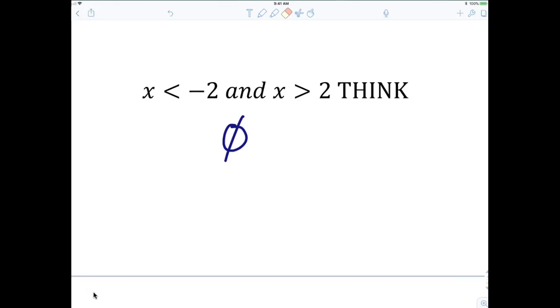Is that possible to be less than -2 and greater than 2? Right? That's why it is what? No solution. It is no solution because you can't be in both places. You can't be less than -2 and greater than 2. That is not possible. So make yourself a note. Try to visualize that. No way can you be less than -2 and greater than 2.